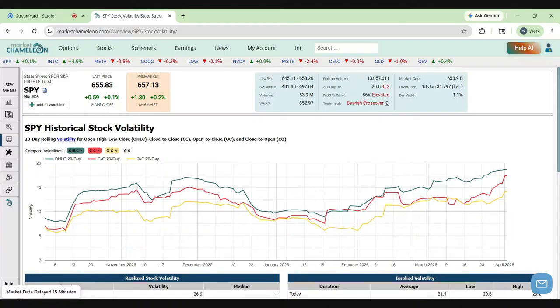So if we're seeing the stock close, but then there's sensitivity to the market based on overnight news or events or things happening around the world, that we're seeing major repricing right at the open, we would see this close to open line moving up.